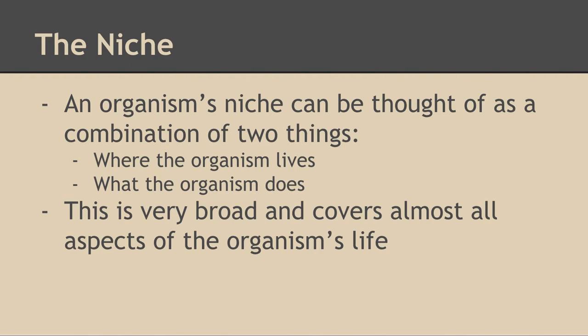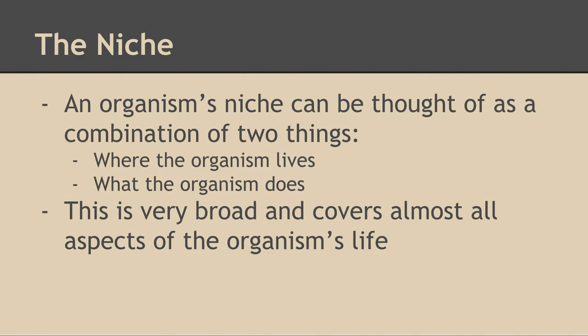You have to get a lot more specific. And a lot of the times, if you really want to categorize every single thing, different organisms have completely unique niches. Now, in practical terms, we look at organisms that have similar niches in ecology.